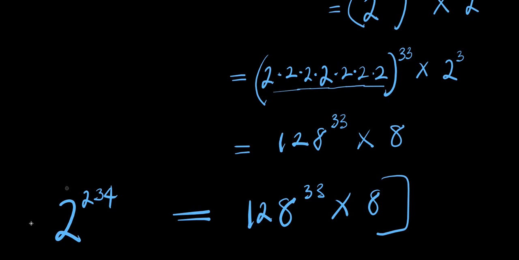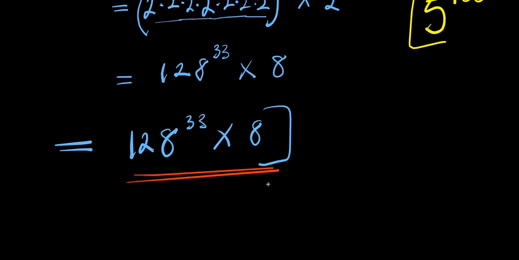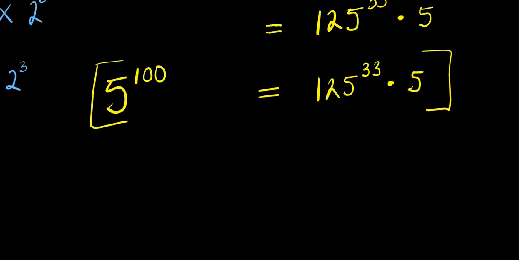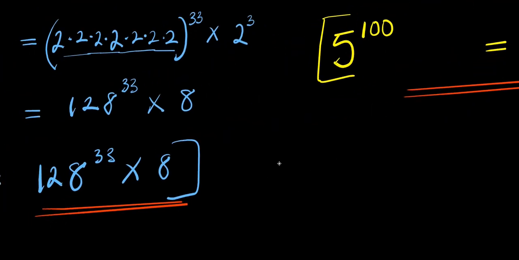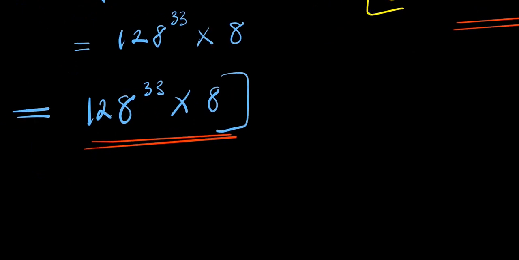Let's take note of this as well. So right now, we have expressed this in this form, and for this, we have also expressed it in this form. 125 to the power of 33 times 5 against 128 to the power of 33 times 8. So let me copy it down here.